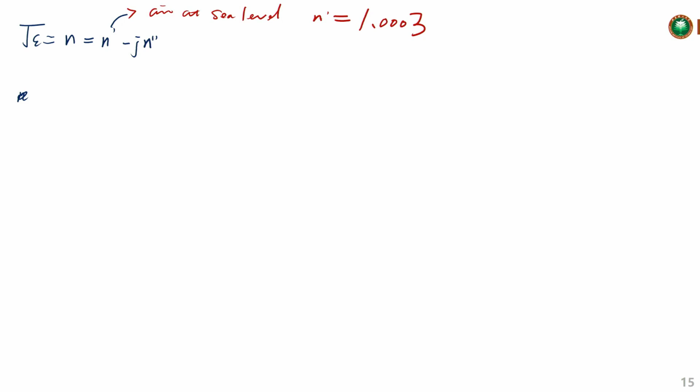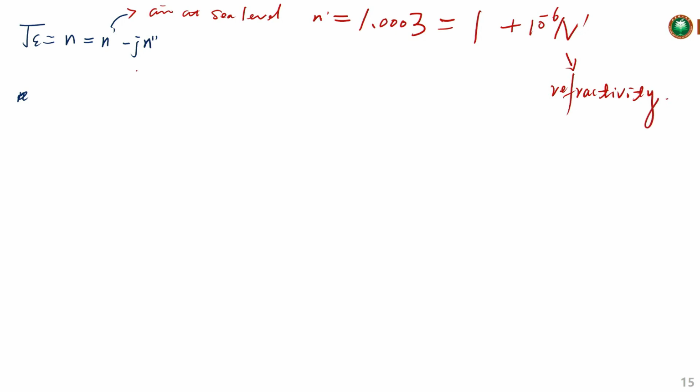It's a little bit higher than 1, all right? So we want to express it as 1 plus a constant value, which we name N prime times 10 to the power minus 6, and N prime is called refractivity.